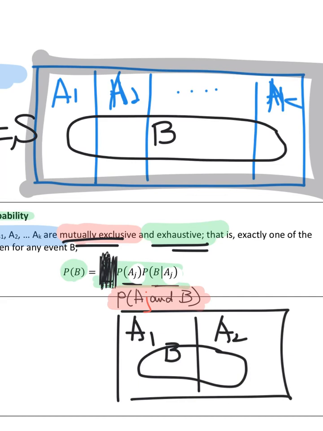It might be 1, it might be 2, it might be 3. Actually it's not just A, but we had A1, A2, A3, up to A_K. The subscript 1, 2, 3, 4, that is J. So J might change. Sometimes it is 1, the very first one. Sometimes it is 2, the second one, 3, the third one, K, the last one.